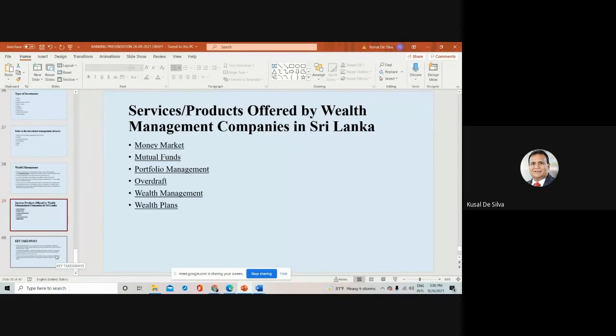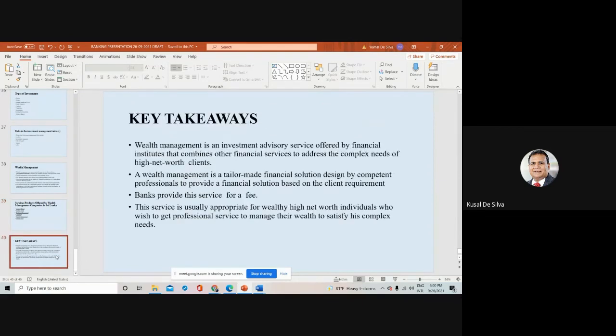Even wealth can be managed when you are appointed as the executor or administrator. Under that also, sometimes you are required to hold the wealth and manage it for the benefit of beneficiaries. So this is how these things get interconnected. Then we'll move to the last slide.